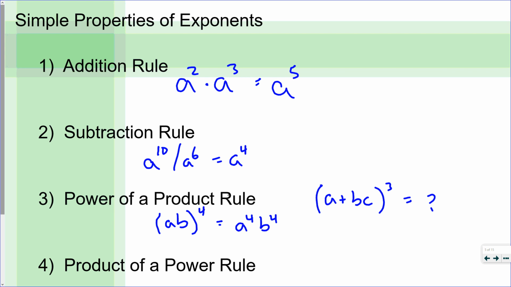Okay, the one particular rule that's probably the most important of all of them is the product of a power rule. And that's this one. That says that if I have a single exponent with two separate powers attached to it through the use of parentheses, so two powers acting on the same base, then those exponents get multiplied.